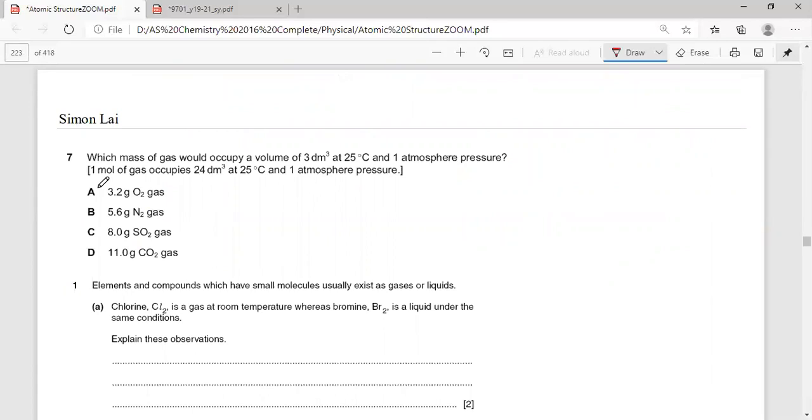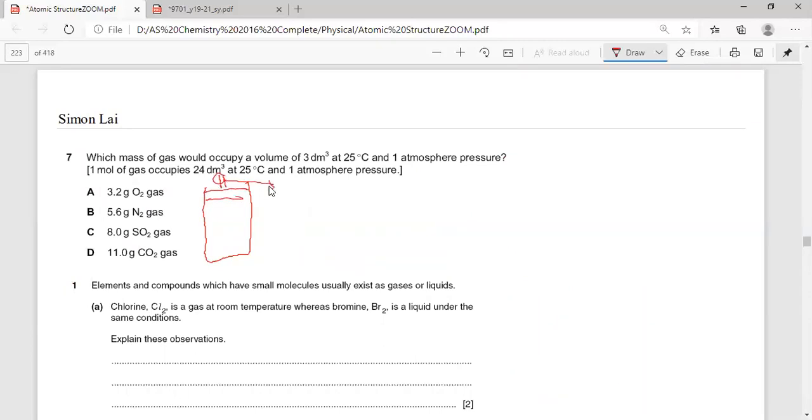Which mass of gas will occupy a volume of 3 dm cube at 25 degrees centigrade and 1 atmosphere of pressure? 1 mole of gas occupies 24 dm cube at 25 degrees centigrade. Very simple. Now, if you have a problem, then you draw it out, which is always better.